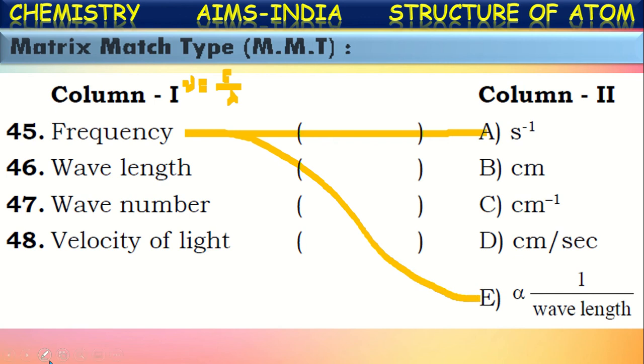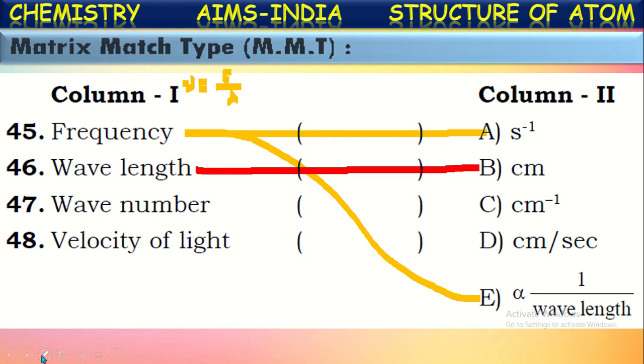Next, wavelength. Wavelength is defined as the distance between two adjacent troughs or two adjacent crests of a wave. As it is a distance, what will be the units? Meters, centimeters, micrometers, angstroms. These all can be units for wavelength. Out of these, centimeters is mentioned here.